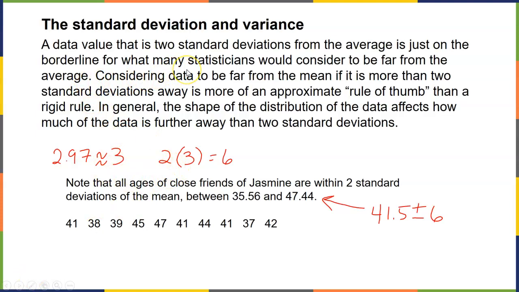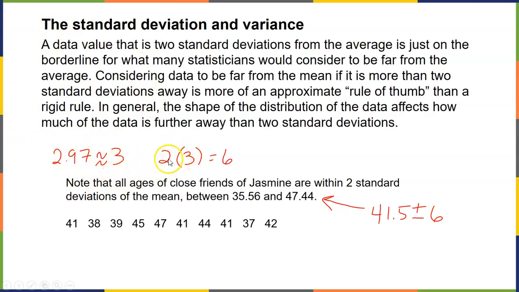most statisticians would say that data that's within 2 standard deviations of the mean, those are numbers that are not far from average. Once you go past 2 standard deviations away from the mean, that is considered far from the mean. So our standard deviation was basically 3.